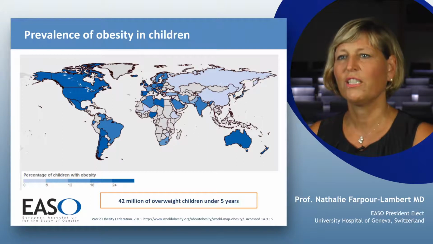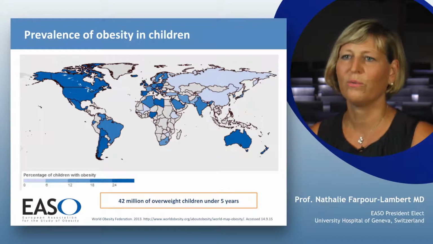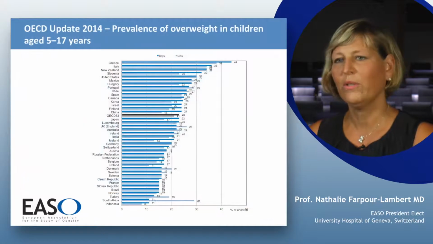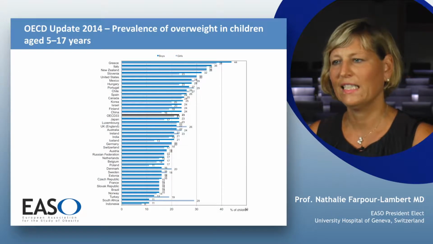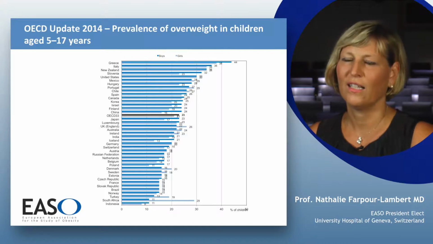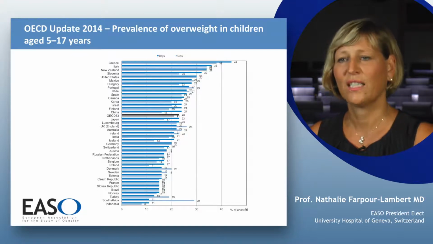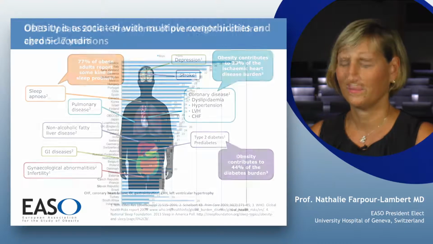We can also see an increasing prevalence in developing countries like the northern region of Africa or Asia. The OECD data from 2014 show an increasing trend towards an increased prevalence of obesity in children in the southern part of Europe compared to the northern countries.